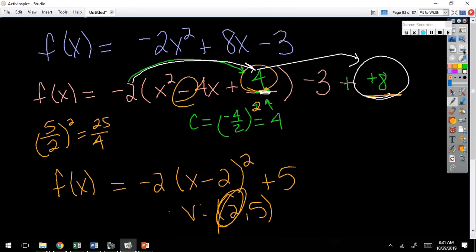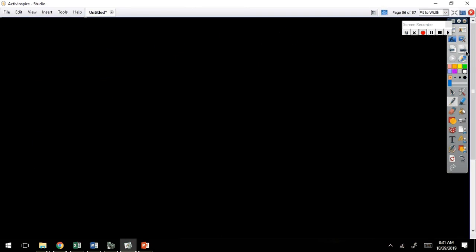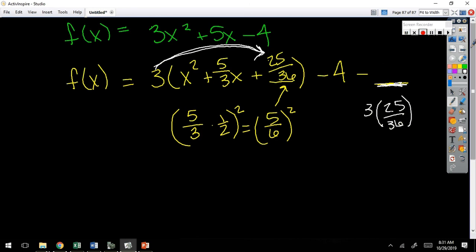All right, so yuck. We got to multiply this nasty fraction by 3, but because I have this nice fancy calculator that does it for me, 25/12. So now my question is, what is -4 minus 25/12?